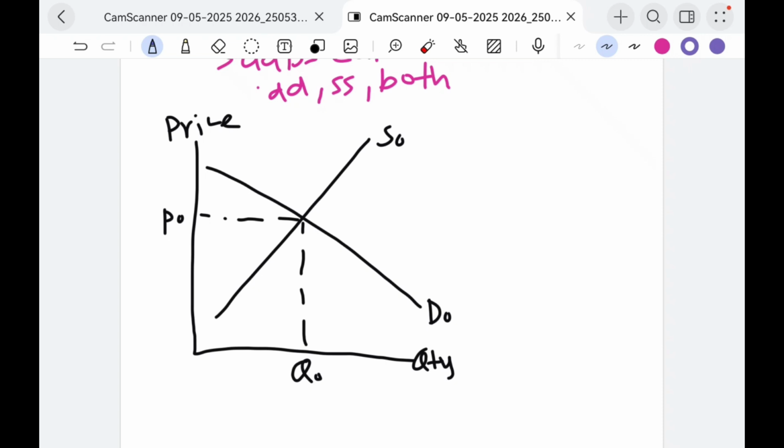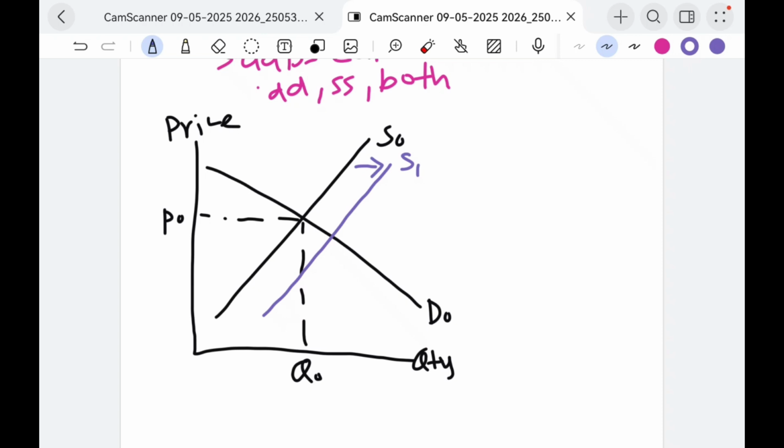So here we assume that supply shifts right. This could be because there is a higher adoption of technology that makes your producer more willing and able to supply more goods because now it is more productive, using less resources, things like that.